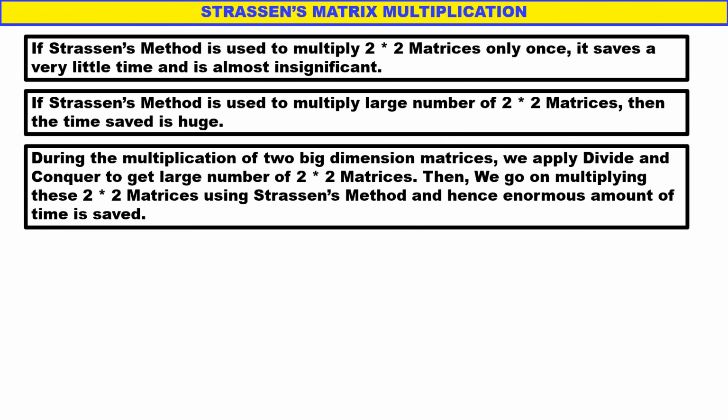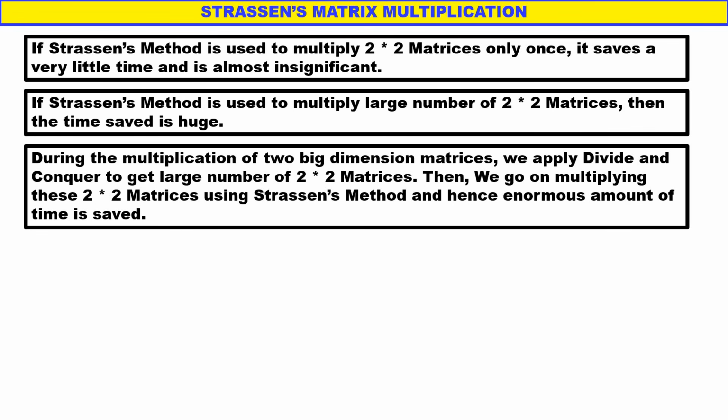Now, during the multiplication of two big dimension matrices, we apply divide and conquer to get a large number of 2 cross 2 matrices. If you remember, a 16 cross 16 matrix can be divided into 4 8 cross 8 matrices, and each 8 cross 8 matrix into 4 4 cross 4 matrices, and each 4 cross 4 matrix into 4 2 cross 2 matrices.